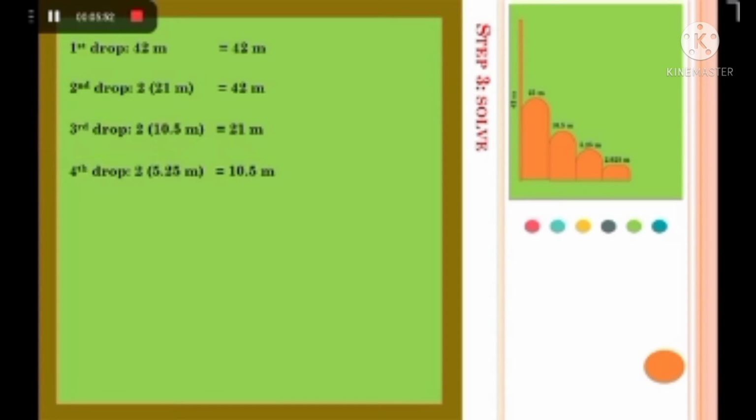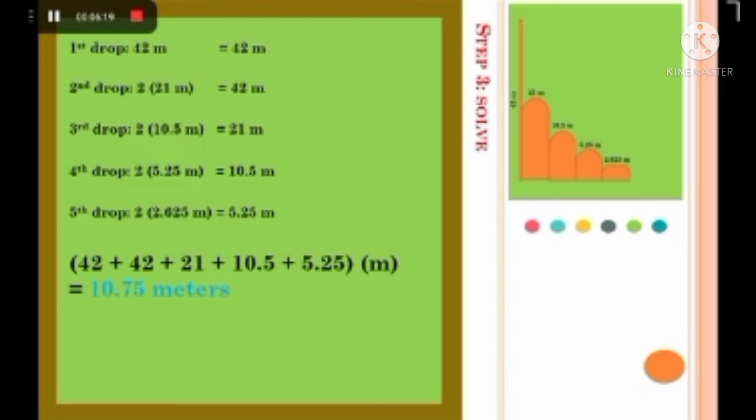On the fourth drop, we have 2 times 5.25 meters is equal to 10.5 meters. On the fifth drop, 2 times 2.625 meters is equal to 5.25 meters. So, the question is, why 2? Why is it always the factor of 2? It is because up and down means double.